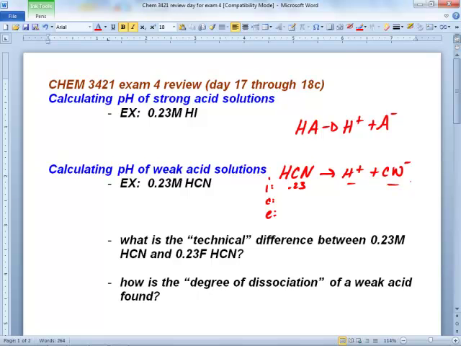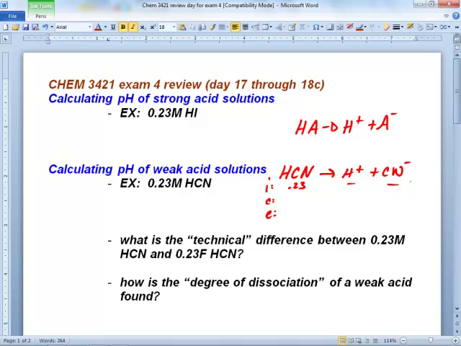Anybody know? All of its forms. F is all of its forms. Exactly. And the M means that form is 0.23 molar. So 0.23 F HCN really means 0.23 molar equals what plus what? CN minus concentration plus HCN concentration. All of its forms. Yeah, good.